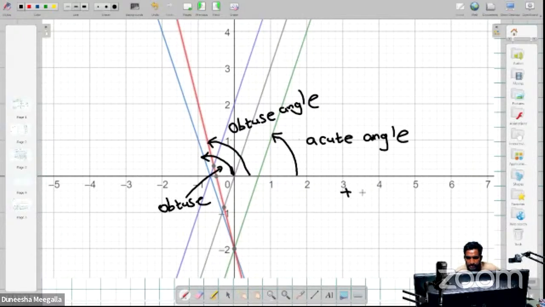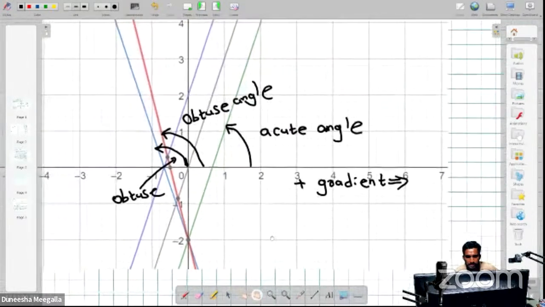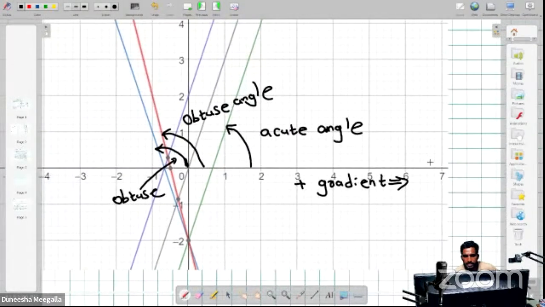Now you know, if there is a positive gradient, what is the angle? It is an acute angle with the positive side of the axis.